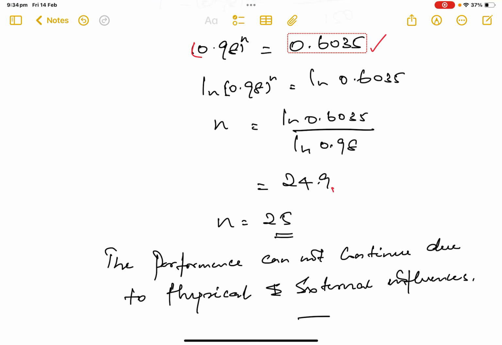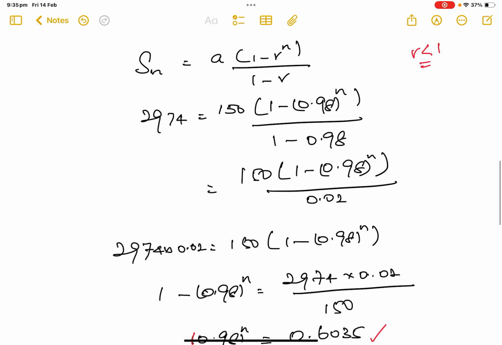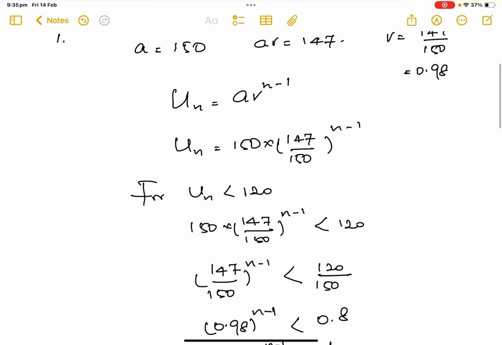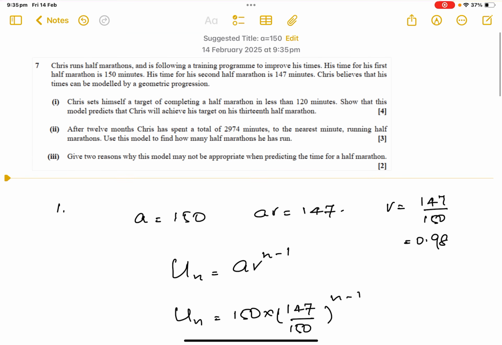Then the answer is 24.9. Obviously n is an integer, so this is 25. So he would have run 25 marathons in order to run that many minutes, 2974 minutes. Right. That's the next one.